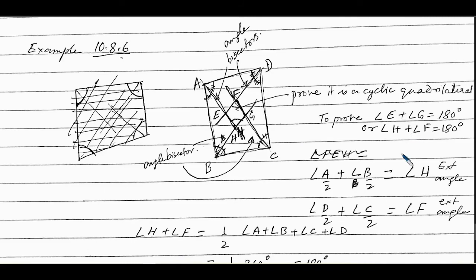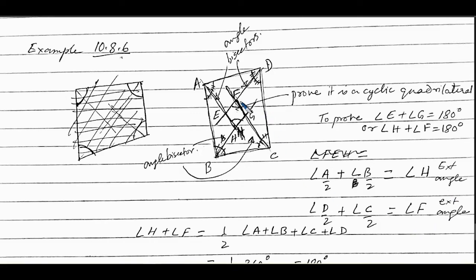Okay. So if I take this triangle, say we start with H. Angle H is an exterior angle of this triangle A, this point H and B. The exterior angle is the sum of the two opposite internal angles: half of angle A and half of angle B. This is what we have written.